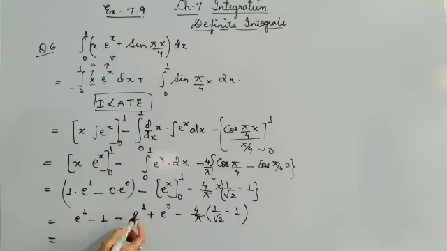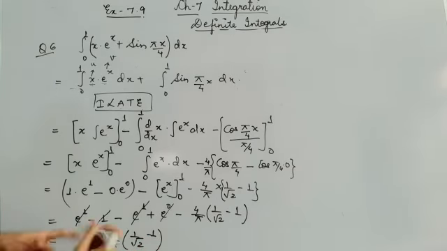So here this e raised to power 1 and e raised to power 1 are gone, and here e raised to power 0 is again 1, so this and this are again gone. So I am just getting it as 4 by pi into 1 by root 2 minus 1. Or if you want to rationalize and solve it further, then you can.